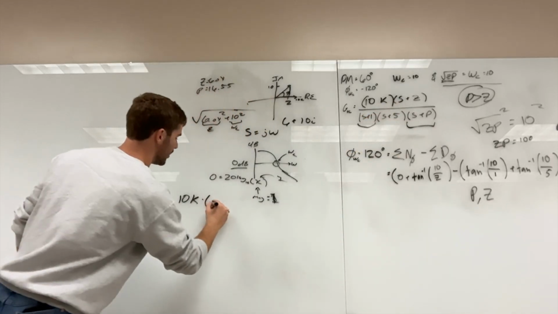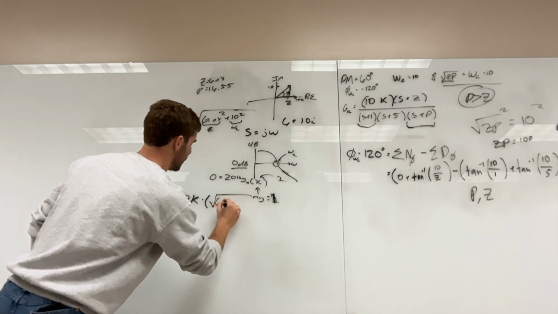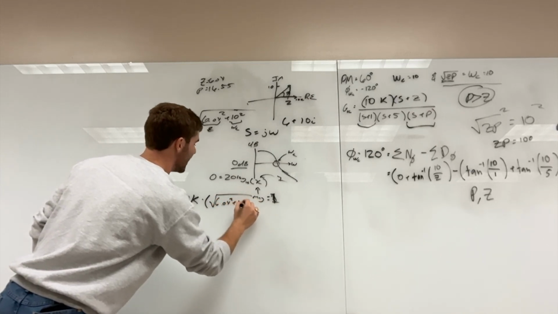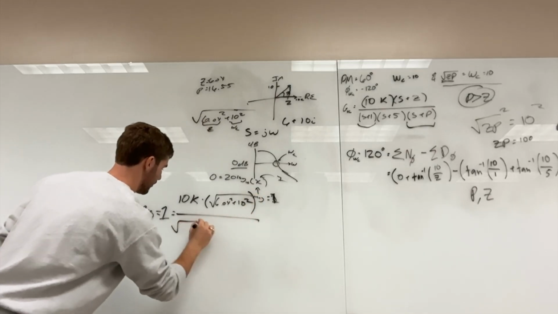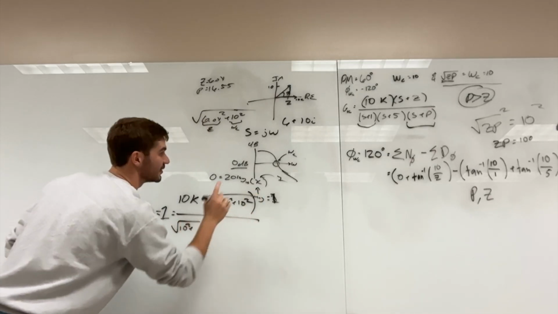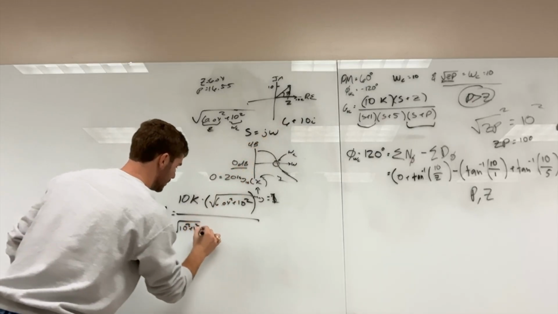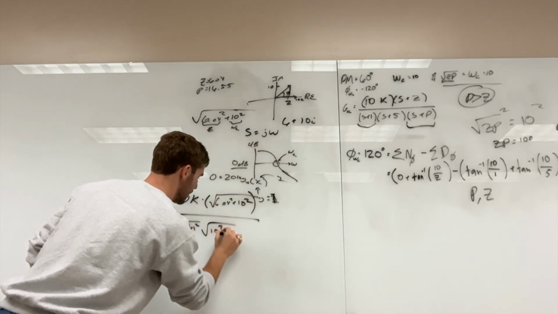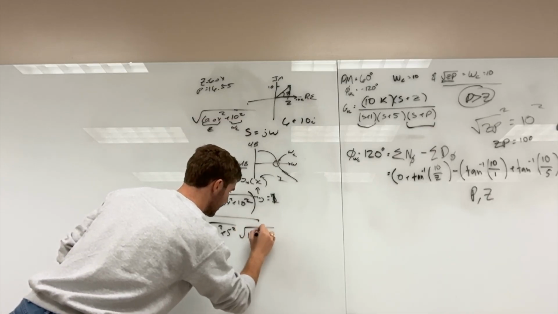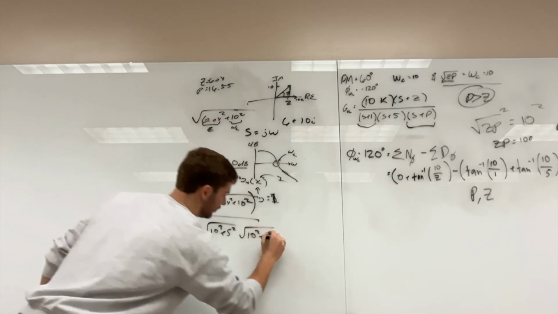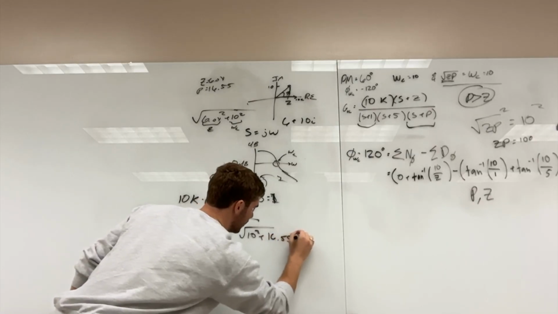So put that here: the square root of 6.04 squared plus 10 squared, and then we put it over the root of 10 squared plus 1 squared, times the square root of 10 squared plus 5 squared, times the square root of 10 squared plus our pole, 16.55, squared.